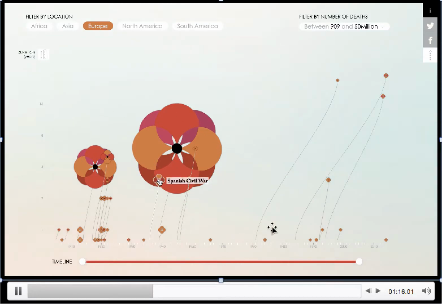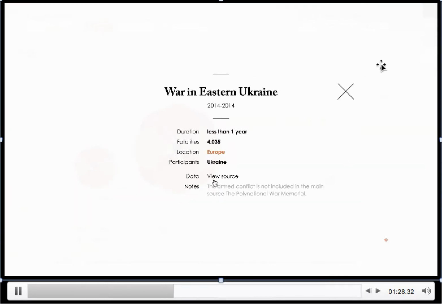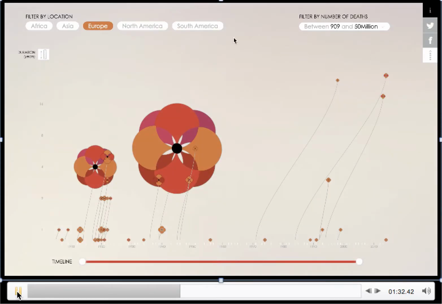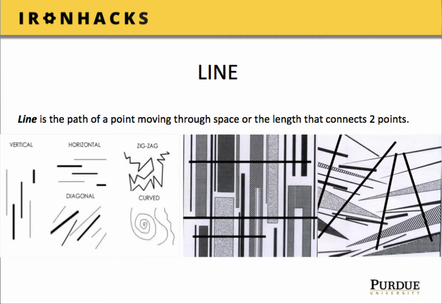So, in essence, it's a poppy field where each poppy visualizes a war that has happened in Europe, and you can learn more about it. But we will focus on the visual elements.